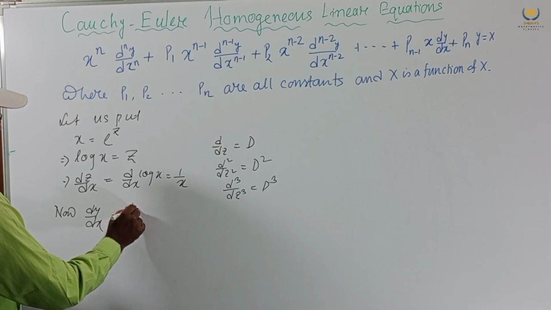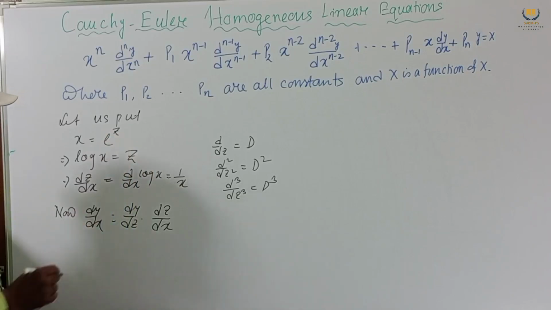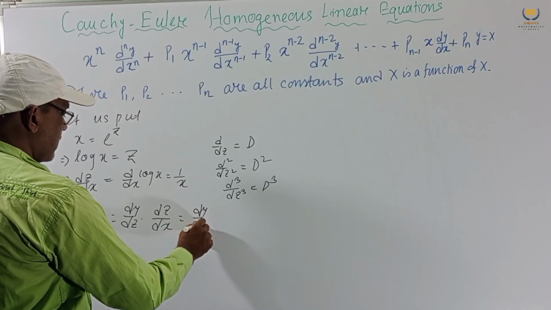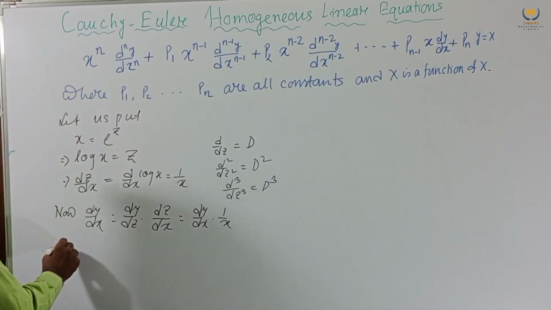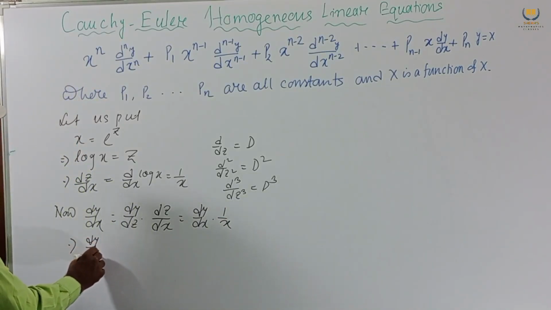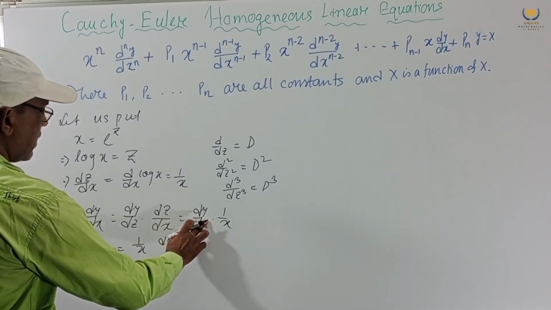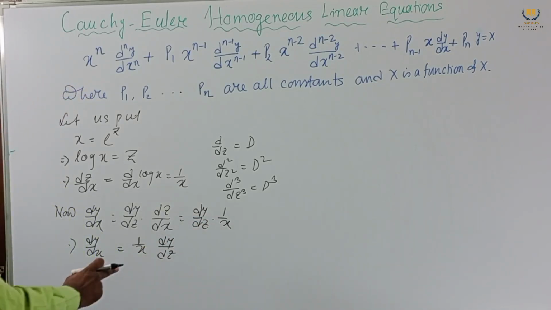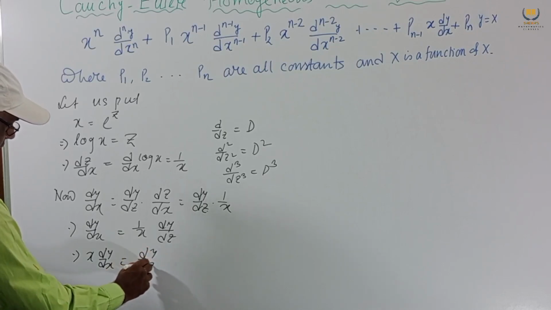We can write dy/dx equal to dy/dz times dz/dx, and dz/dx we already have as 1 by x. So dy/dx equals 1 by x dy/dz, and multiplying x on the left-hand side, x dy/dx equal to dy/dz.